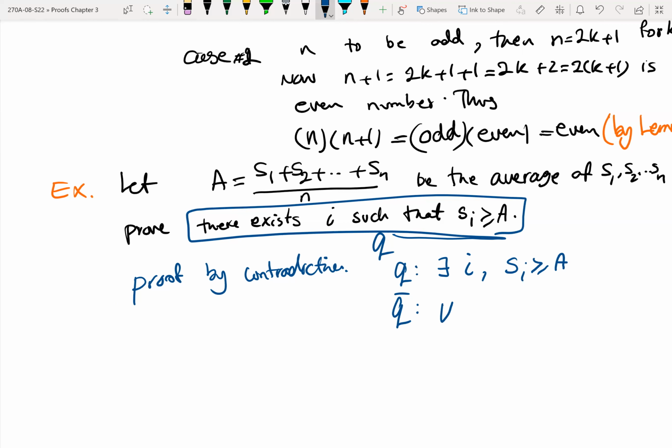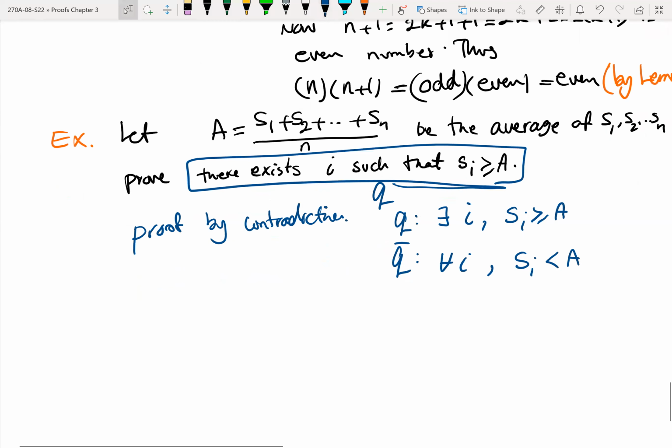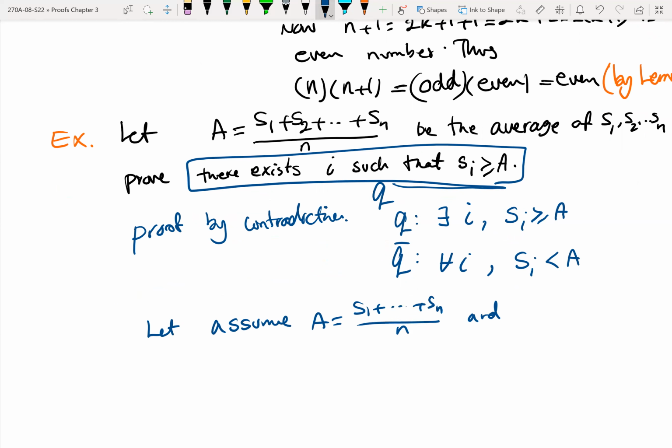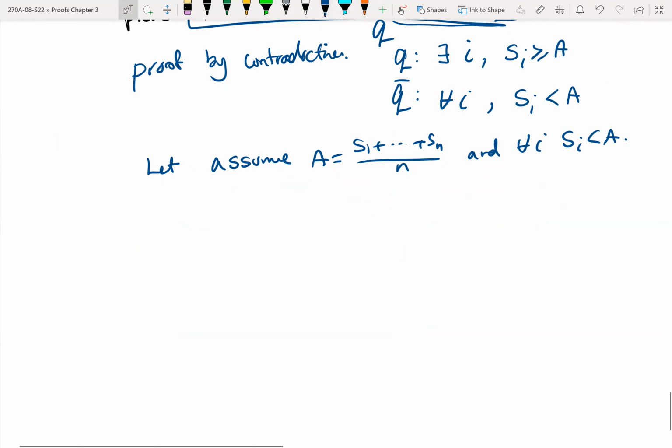For all i, S sub i is less than A. Let's assume A to be this, and not Q: for all i, S sub i is less than A. That's what you want to get the contradiction from.